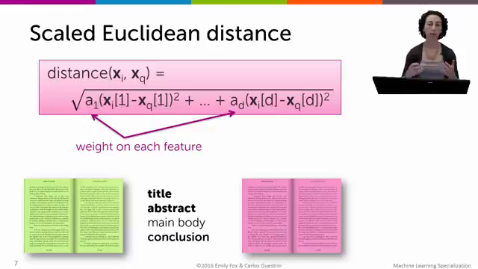And so this might be appropriate in terms of finding similarities between articles, because maybe the titles and abstracts have the really key words for describing what those articles are about, whereas the main body might be bogged down with lots of things that are a bit tangential to the main point of the article.